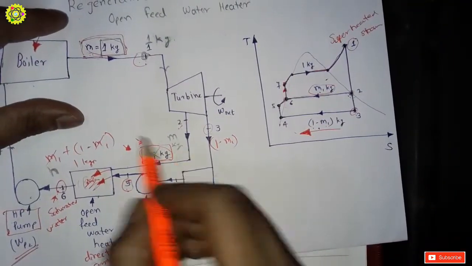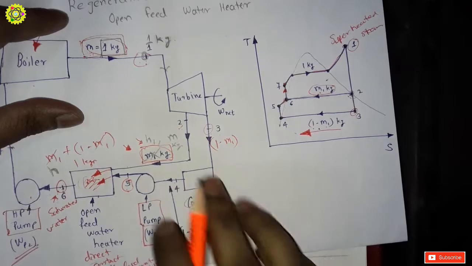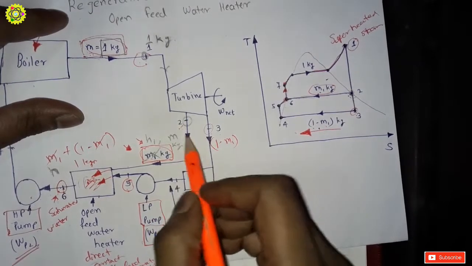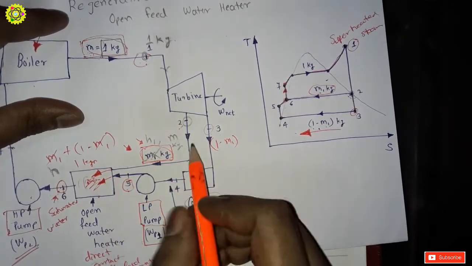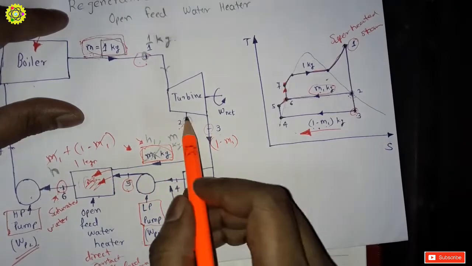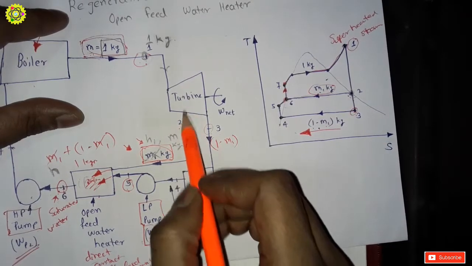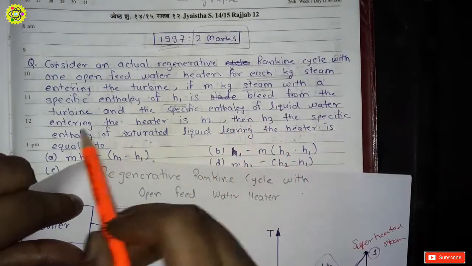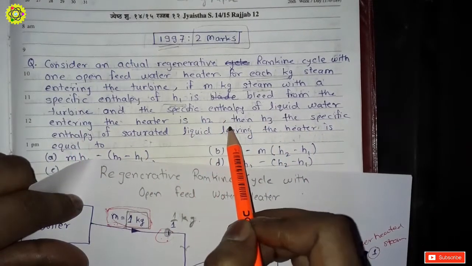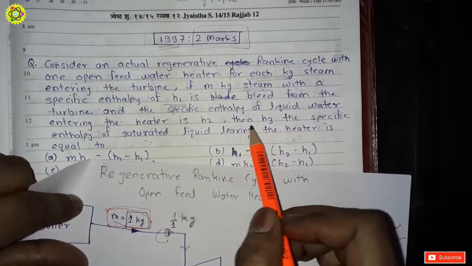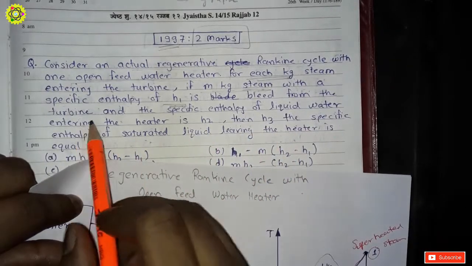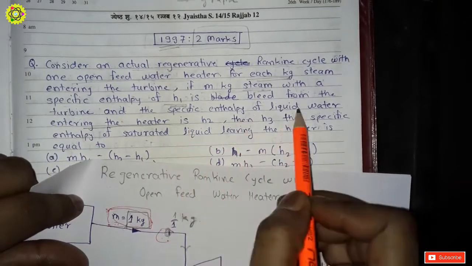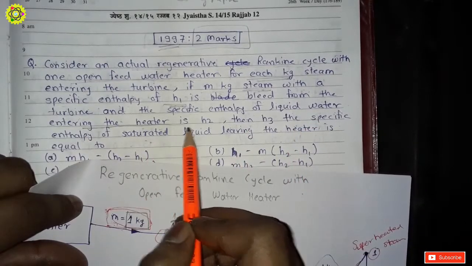So here it is m kg and H1, for the state bled off from the turbine at this intermediate position. Further, the specific enthalpy of liquid water entering the heater is H2.